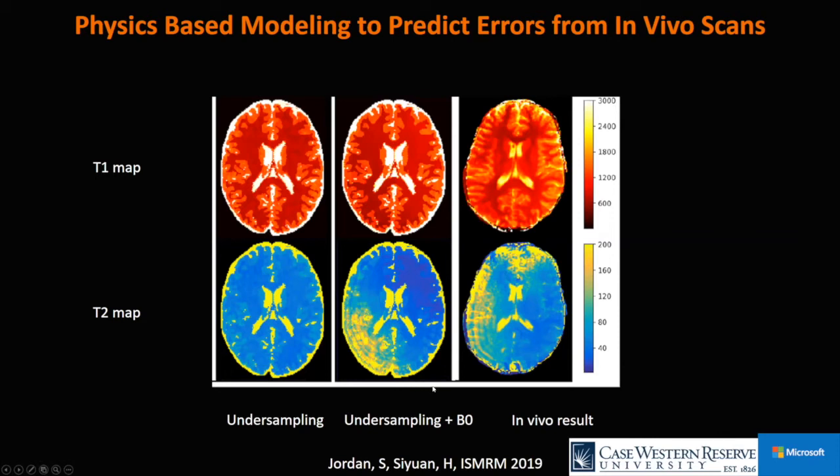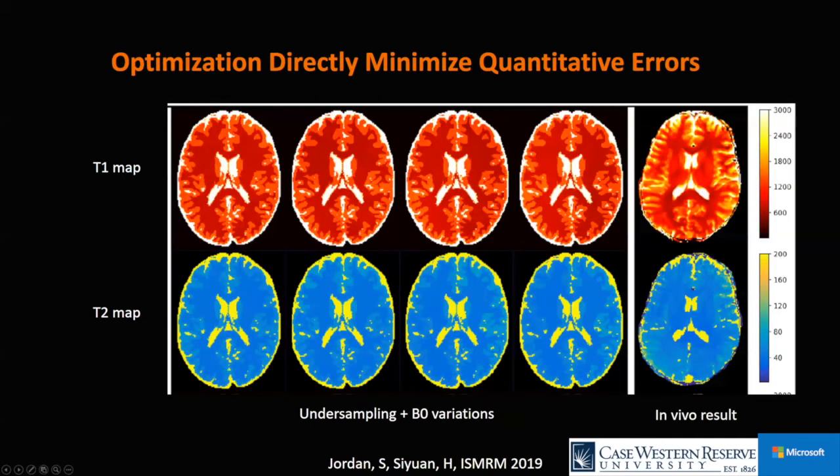This is already a good quality analysis or uncertainty analysis of the established sequence. We can also incorporate this error analysis into the optimization framework and directly minimize the quantitative error. Here are the results from the optimized scan.